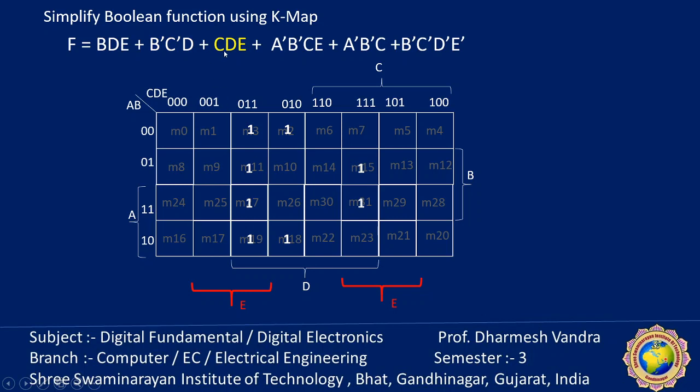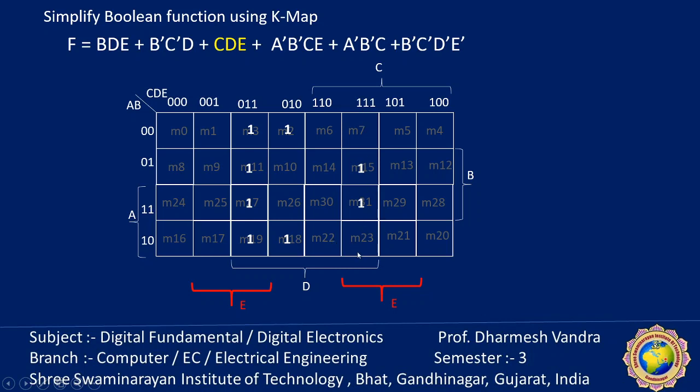Now let's see CDE. C is this fourth column. D is the middle column. So CD means this column, fifth column and sixth column. It is indicated by C, D. Now E. E is this one column.